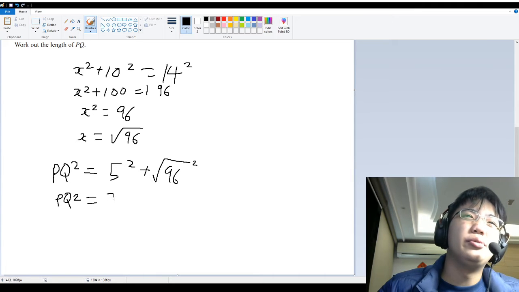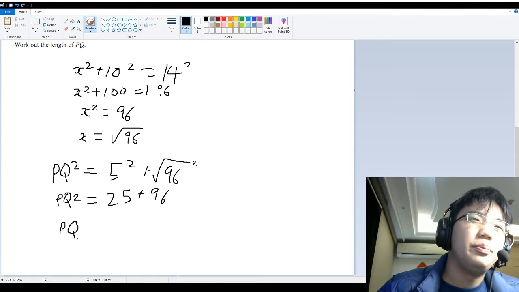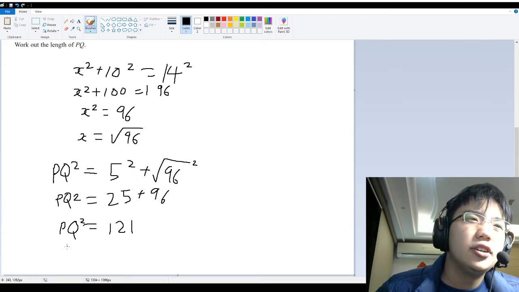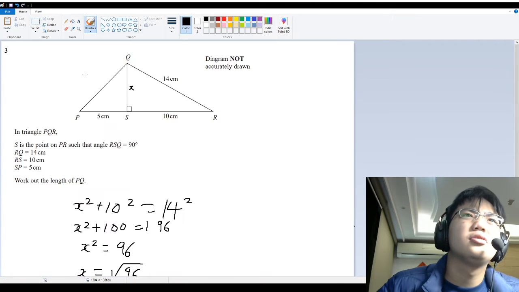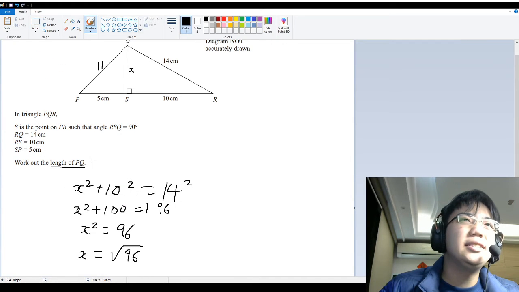PQ squared can be said to be 25 plus 96, which makes 121. Therefore, PQ, by square rooting both sides, equals 11. Therefore, we have found the length of PQ: 11 centimeters.